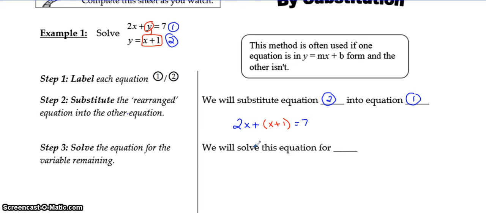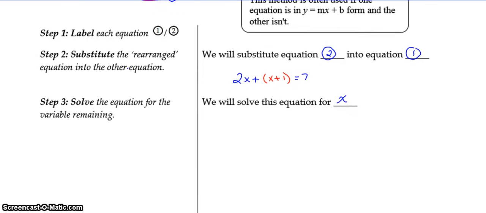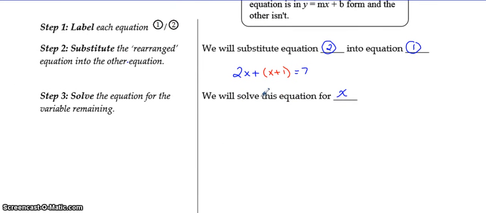Now what you do is you're going to solve this equation for x using your grade 9 equation solving skills. So what we're going to do is remove the brackets. So it's 2x plus x plus 1 equals 7. Collect like terms. 2x plus x is 3x. Then you're going to subtract 1 from both sides.